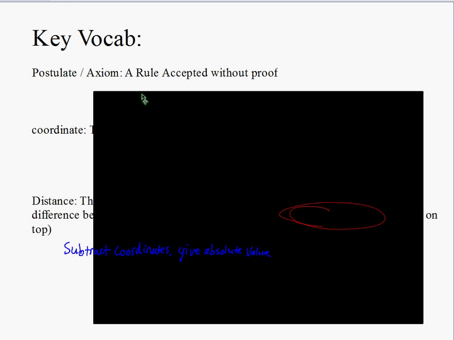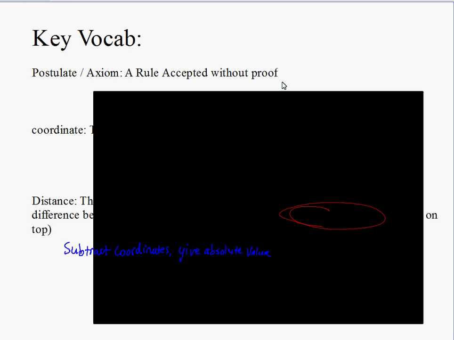This is really not that important until later on down the road, but we do want to throw this at you. When we have postulate or axiom, these are the same words, basically interchangeable meanings: a rule that's accepted without proof.